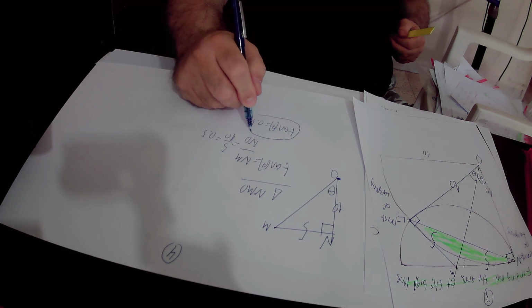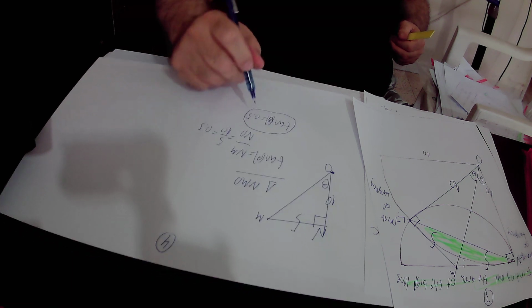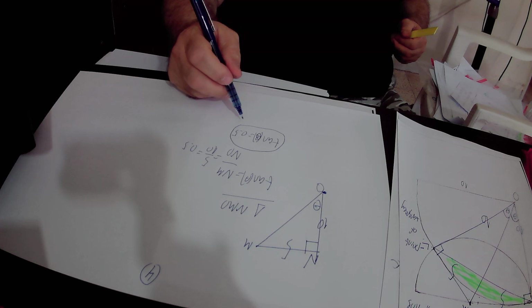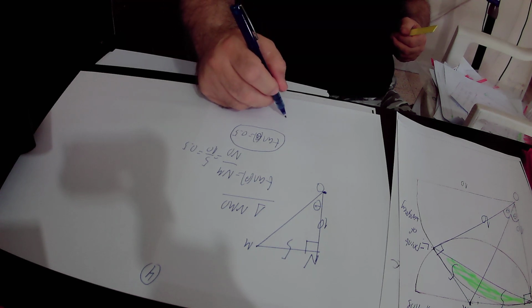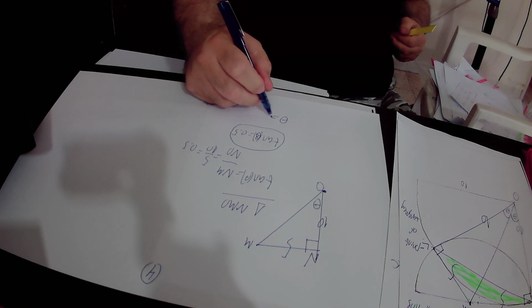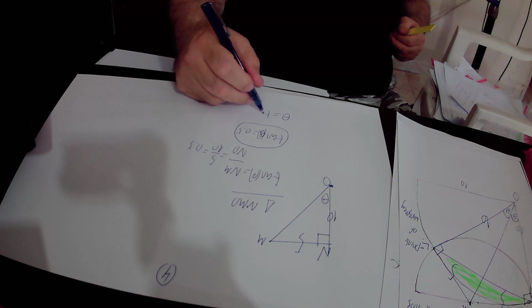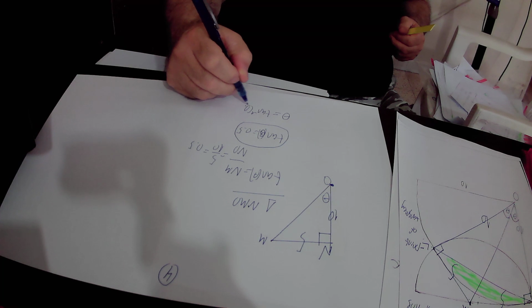Now we want to find out the value of theta itself. In order to find out the value of theta itself, we will operate the opposite function of tangent on the result, and this will give us the value of theta. So theta equals tangent minus 1 of 0.5.